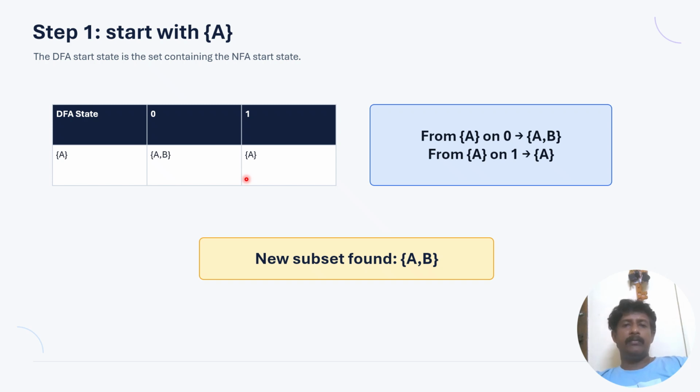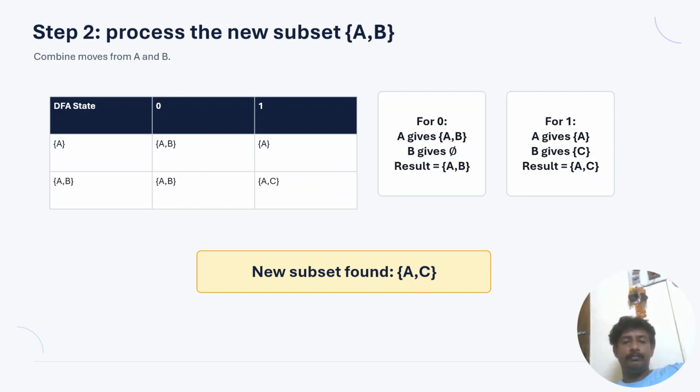Now we check whether any new subset has appeared. Set {A} is already there, but set {A, B} is new. So we must create a new row for {A, B}. This is how the table grows gradually. Now we process the new DFA state {A, B}.